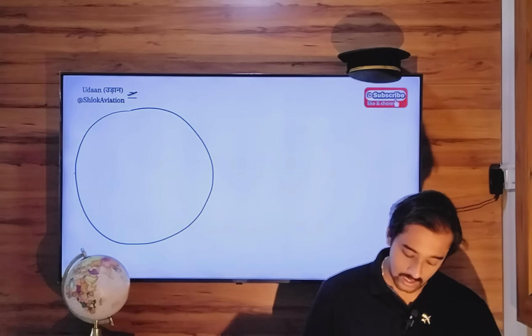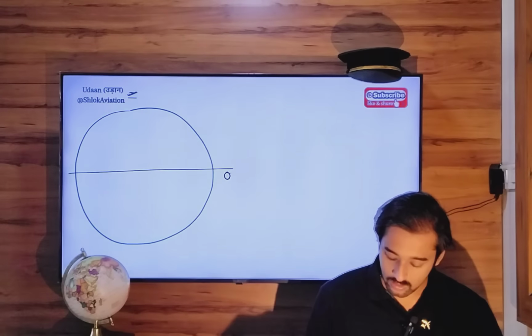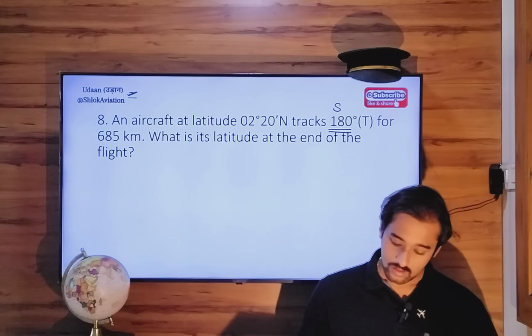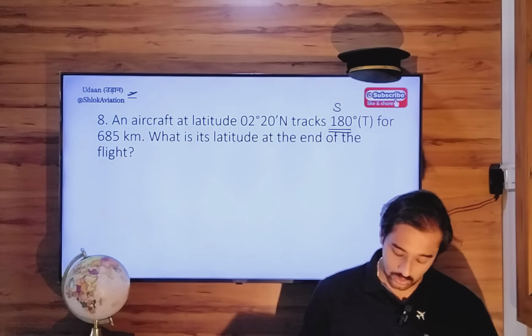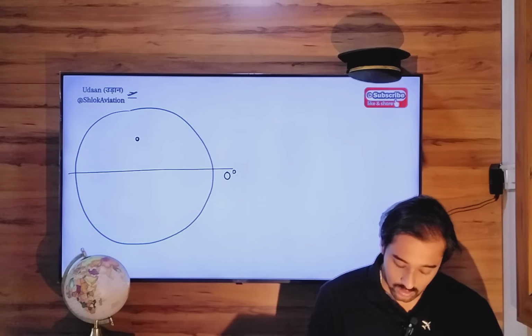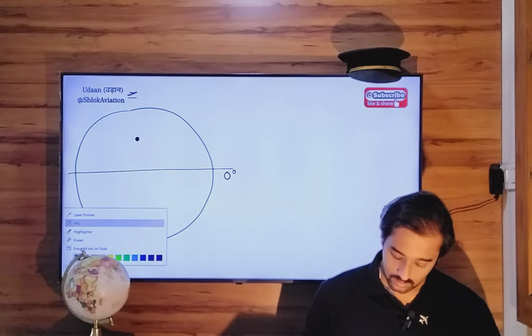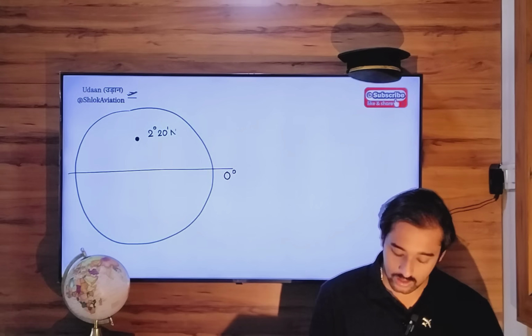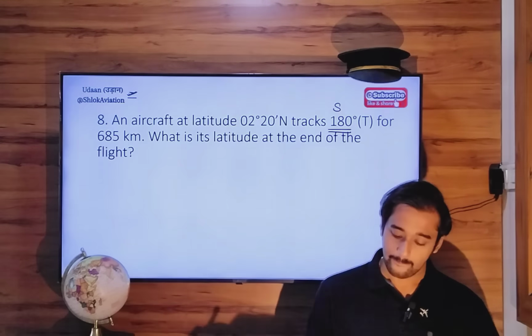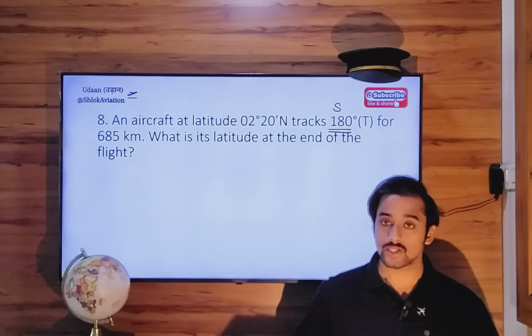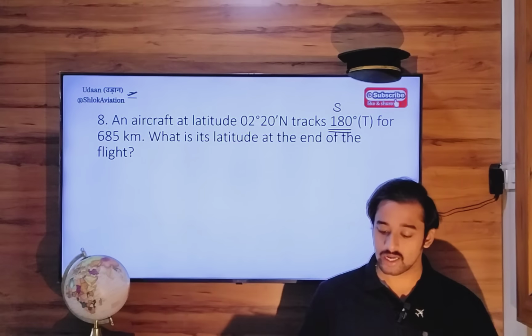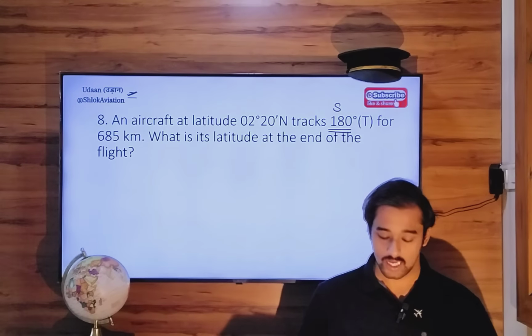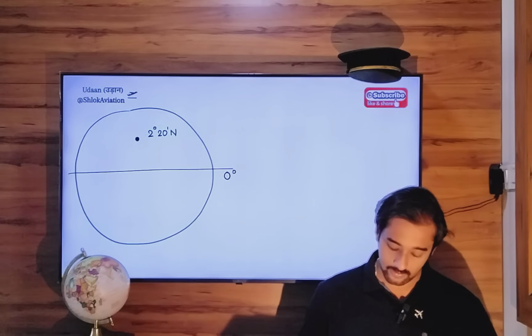There is the equator. Location is 2 degrees 20 minutes north. And the direction traveled is southerly. Distance is 685.